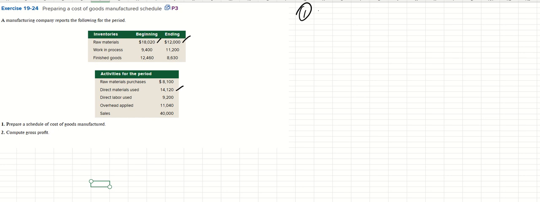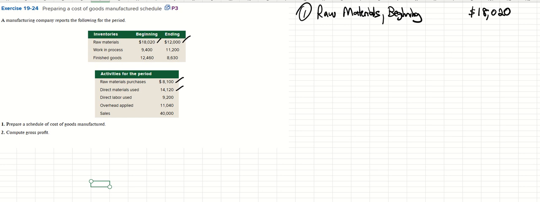First thing I'm going to do is start off with raw materials, comma, beginning, because this is going to be the beginning balance, and that's going to be $18,020. So we started off with $18,020. Next thing I'm going to do is plug in the raw materials that were purchased.